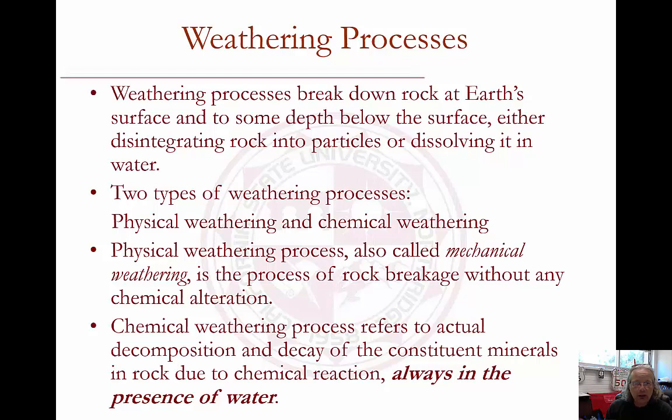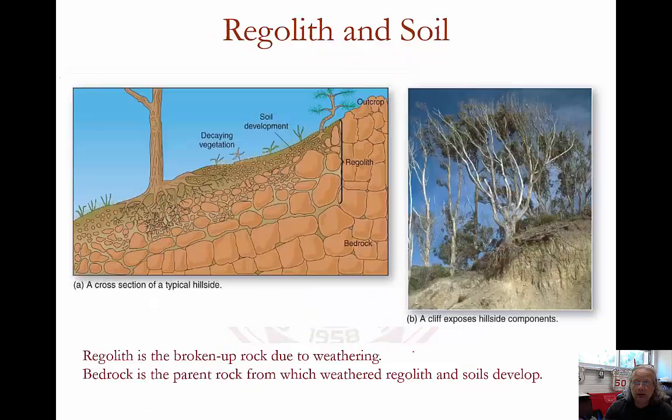There are two types of weathering process. Some is physical, and that's sort of mechanical weathering, and the other kind is chemical, which is something that happens to rock in the presence of water. There's a chemical reaction and water causes things to change.